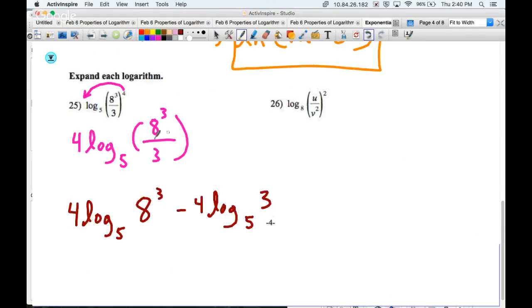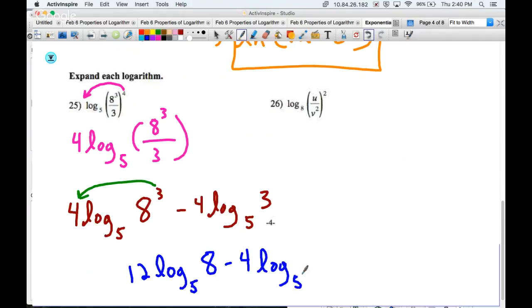That's because the division here, we can split it into 2 logarithms that are being subtracted. This 3 can multiply there to get our final answer, 12 log base 5 of 8 minus 4 log base 5 of 3. Let me check that one.